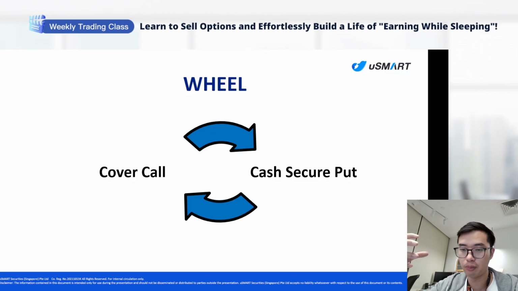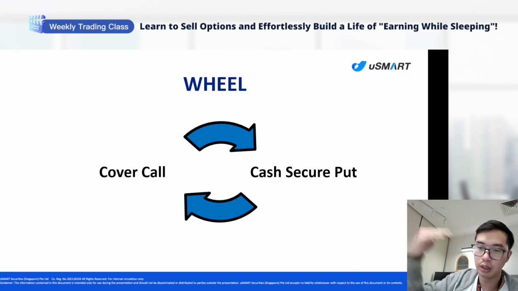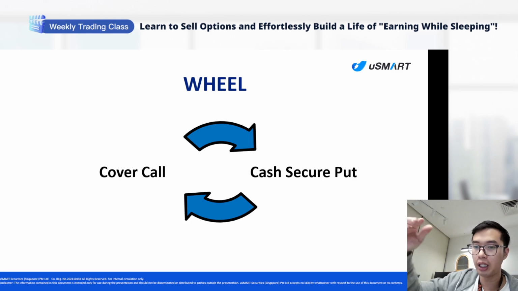Cash secured put means you have enough cash to buy the stocks if the sell put is exercised. So you sell put first, you get the stock, you have enough cash to buy the stocks, then you sell call. And then you can keep on earning premium.